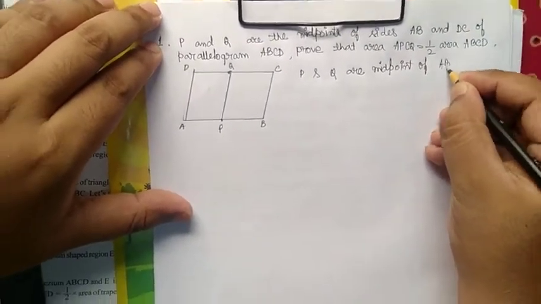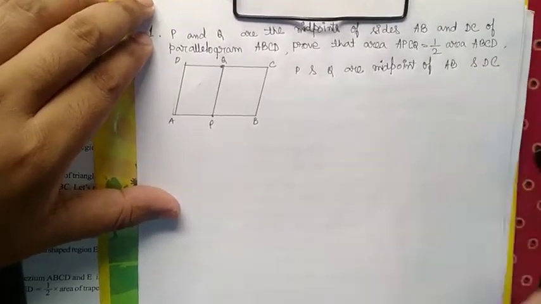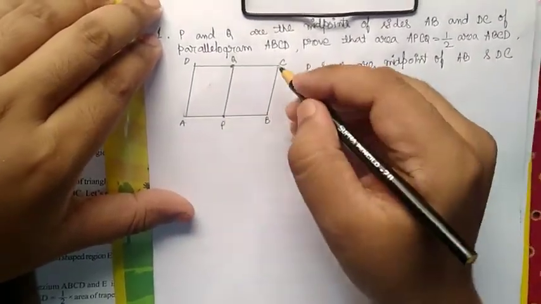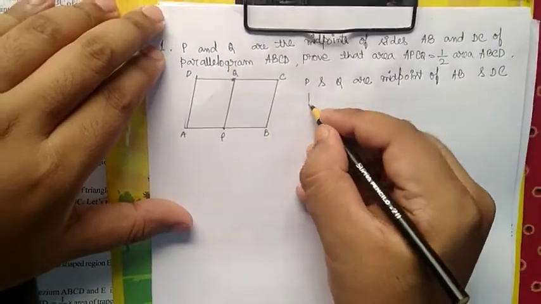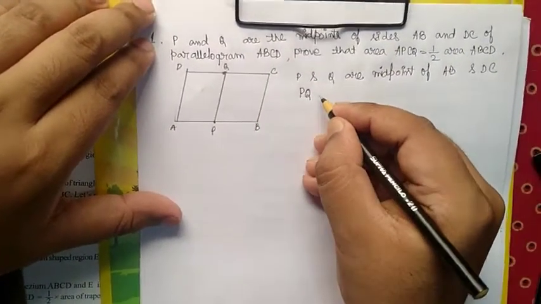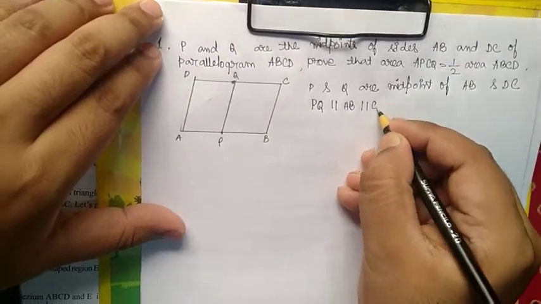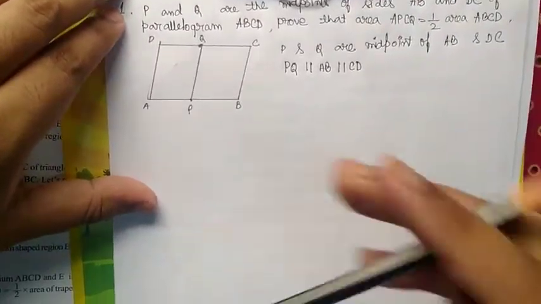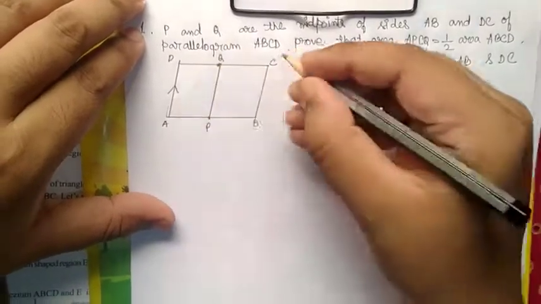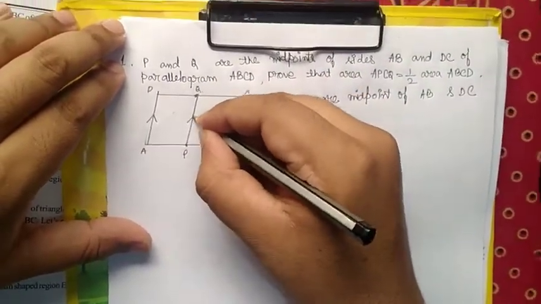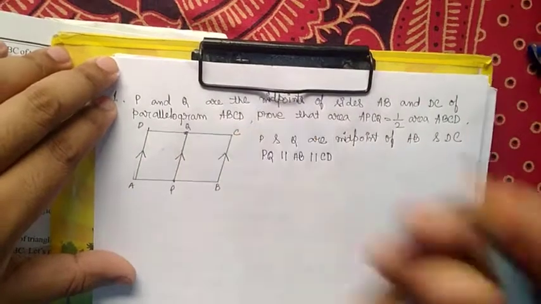So if these two are midpoints and this is a parallelogram, then PQ is parallel to AB, parallel to CD. If this is parallel, then this also is parallel because these two are midpoints.